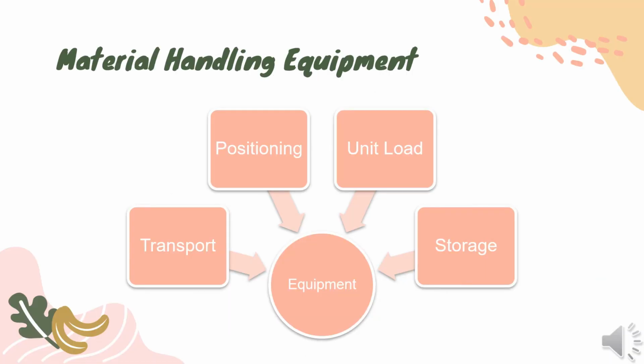There are 4 material handling equipment types, which are transport, positioning, unit load, and storage.